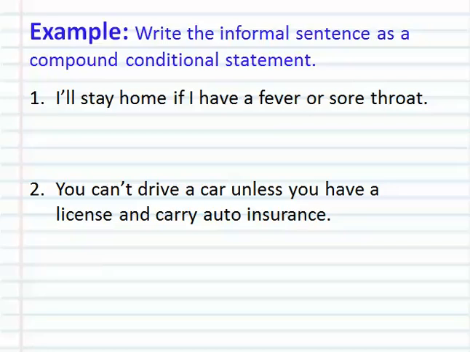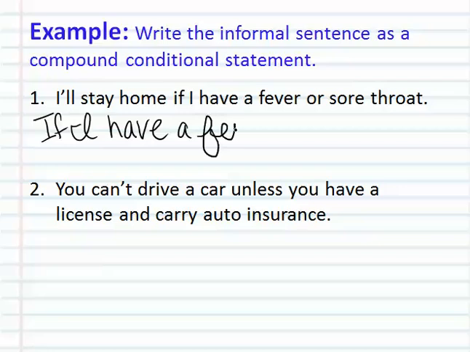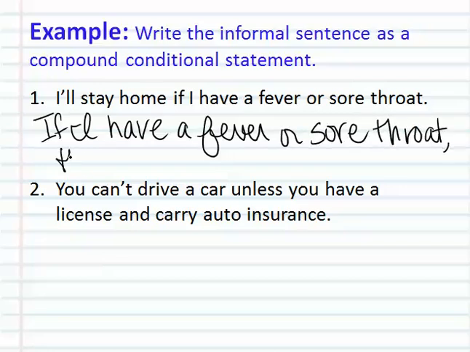I'll stay home if I have a fever or sore throat. So again, we need to write that from informal to compound. So we would say, if I have a fever or sore throat, then I'll stay home.